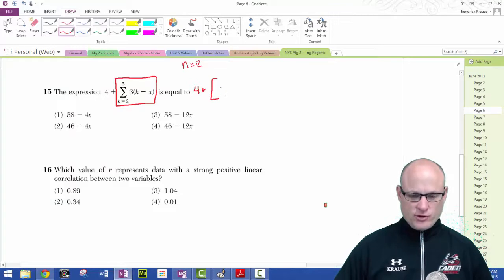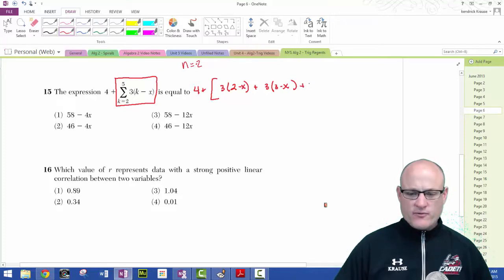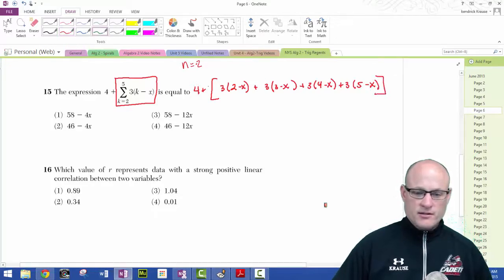So if I plug in 2 for K, I get 3 times 2 minus X. And then I'm going to add 3 times 3 minus X, right? Isn't that what this is? Plus 3 times 4 minus X. Plus 3 times 5 minus X. And this is 6 minus 3x, 9 minus 3x.